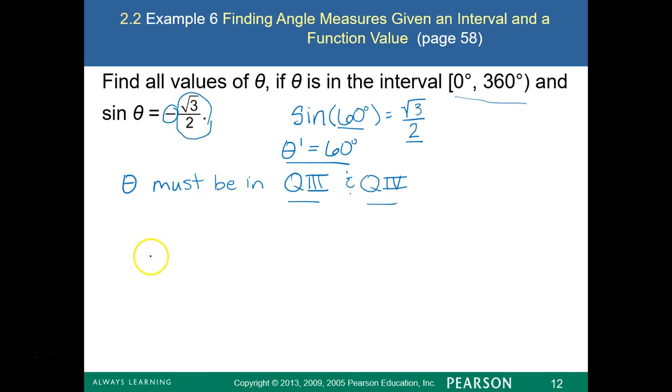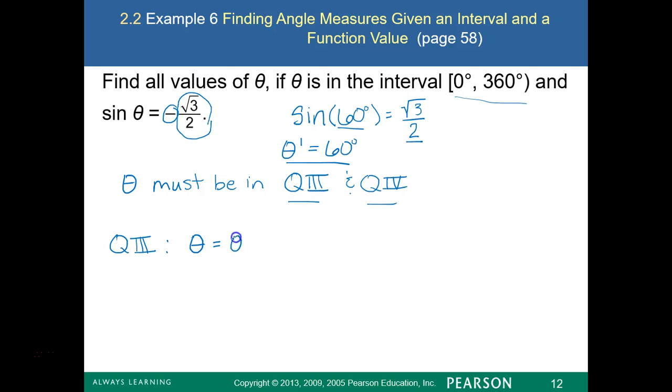Okay, so for quadrant 3, let's see, quadrant 3. Usually to find the reference angle, we subtract 180 degrees from our original angle, our theta, but instead of subtracting, to find our angle, we are going to add 180.